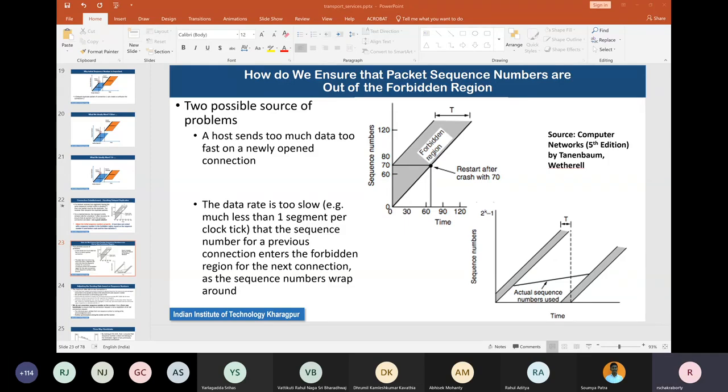How will they do it? Quite simple. Once the parties agree on this, the same initial sequence numbers need not be used by the sender and receiver. The initial sequence number need not start from 0 for either party.